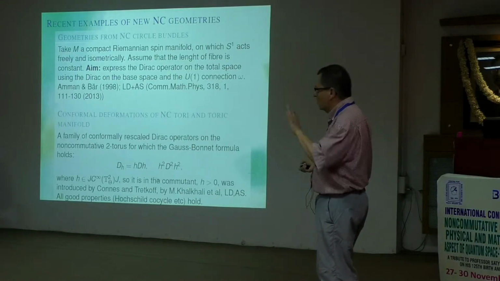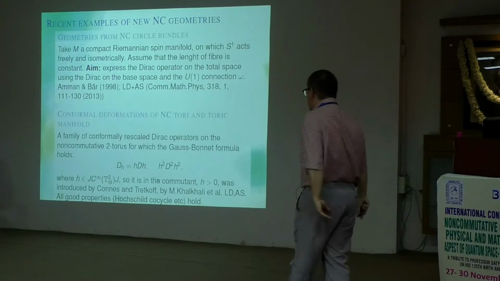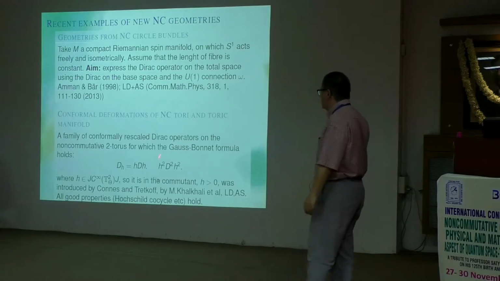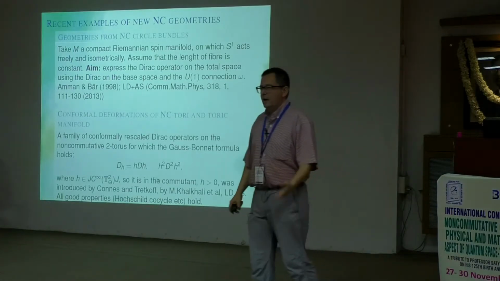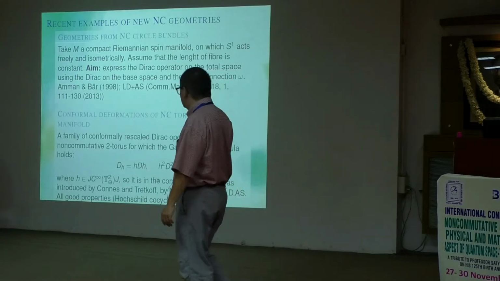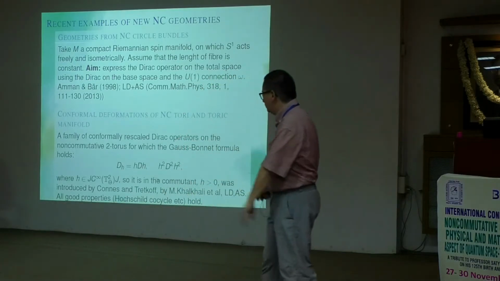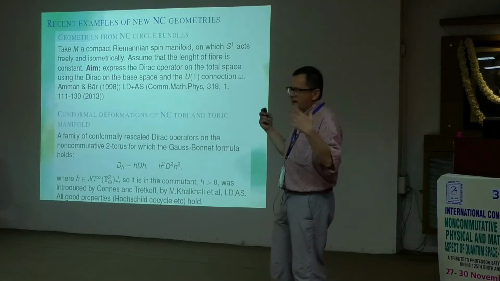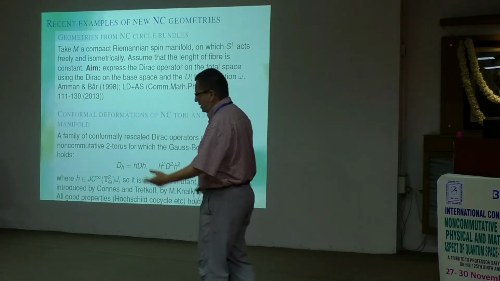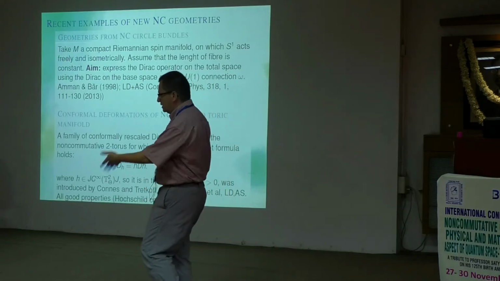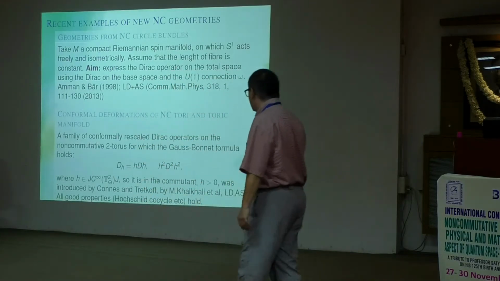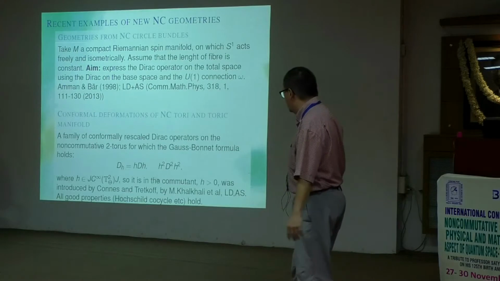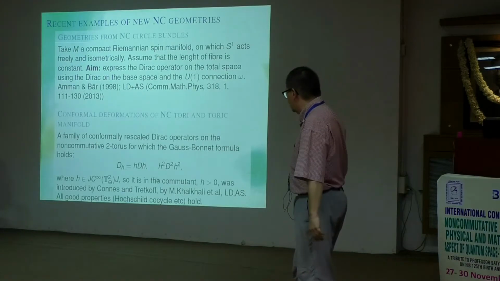So if you take, roughly speaking, D squared as a sort of Laplace operator, then you can rescale it by h squared. Of course this is not the square of that, but up to things of lower order it is. That idea is quite old, by Connes and Tretkoff, and then it was studied later on by many people, Masoud Khalkhali and his group, and Ludwik Dąbrowski and myself.